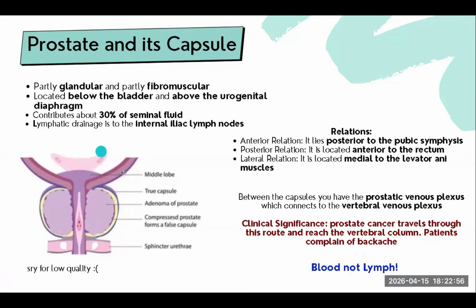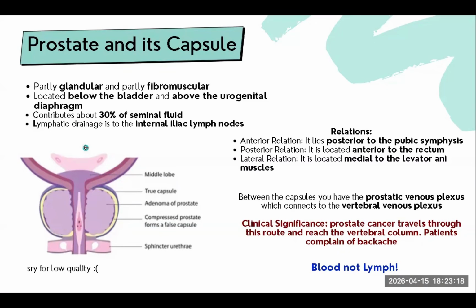And the clinical significance of this is that in prostate cancer, the cancer can travel through this route. It can travel through the prostatic venous plexus all the way to the vertebral venous plexus, and the patient or patients would complain of backache, okay?